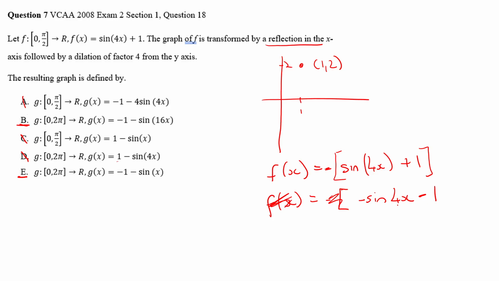Now, if I look at my 4, that's already telling me what's happening with my period. Because it's a dilation of factor 4 from the y-axis, we know that if I write my x, comma y, and from the y-axis, that is going to be affecting my x.